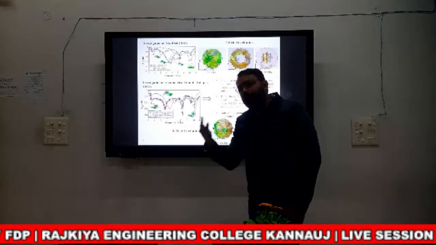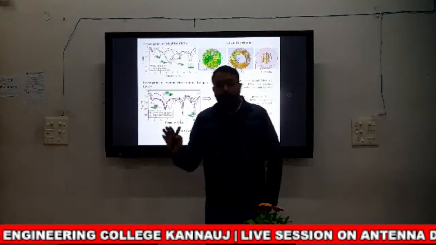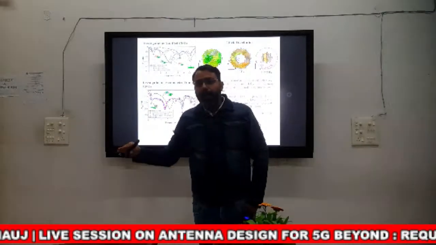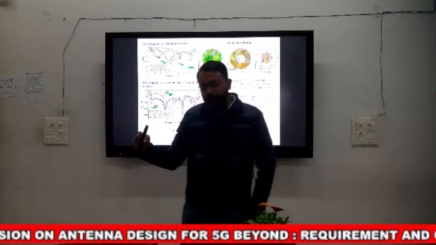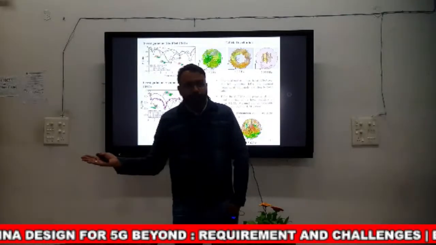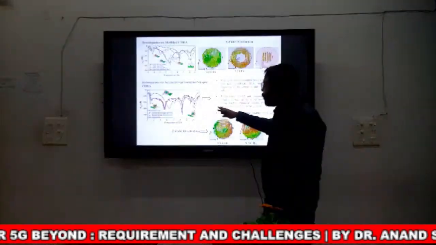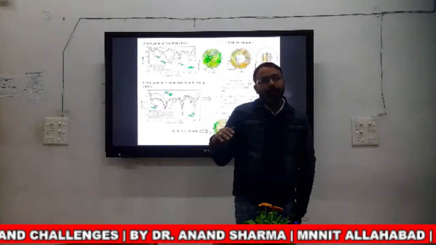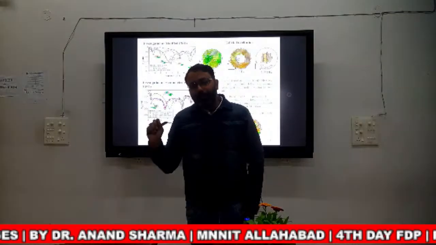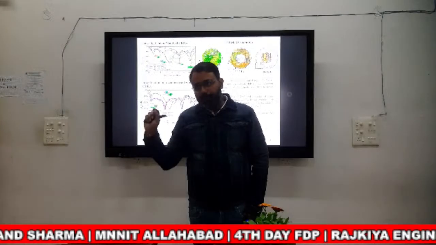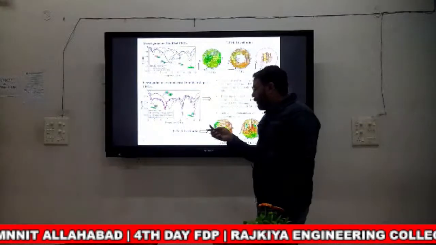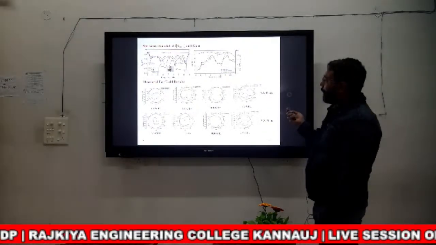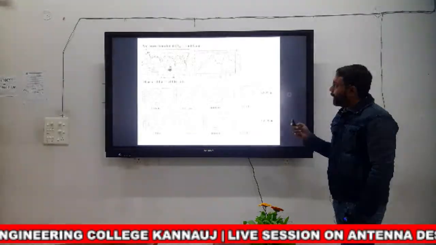Every country has its own ultra wideband frequency range, and in India we have a different frequency range for ultra wideband. This is for the US. FCC is designed by the US, and they fixed the band from 3.1 to 10.6. It is widely used for indoor application. So this is how you can create ultra wideband.